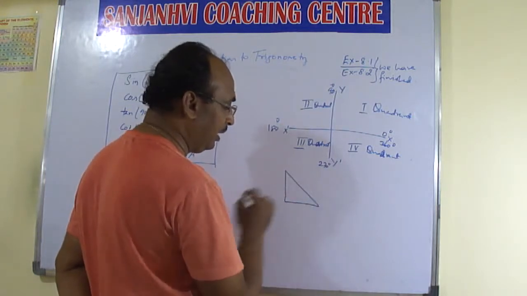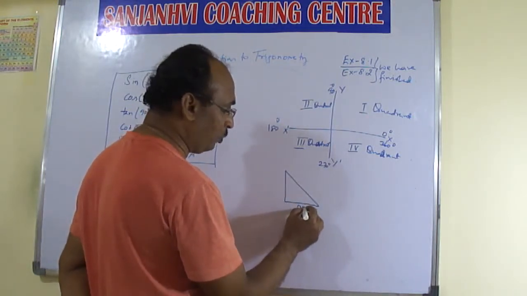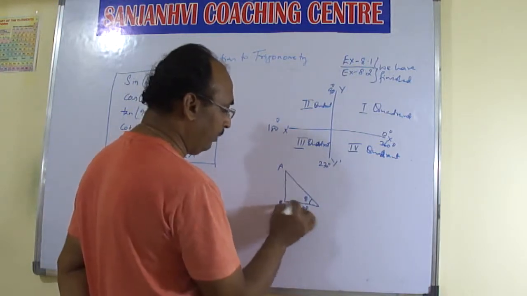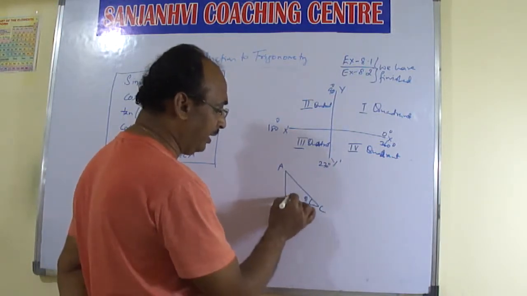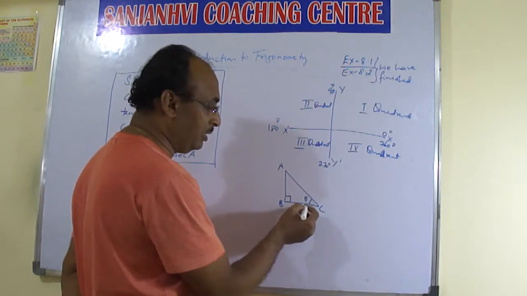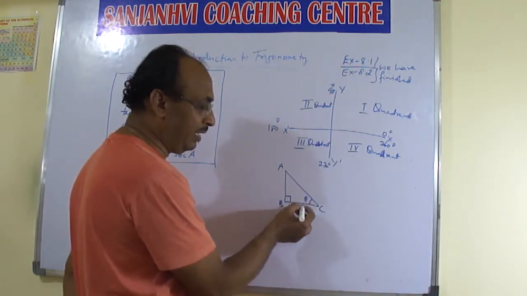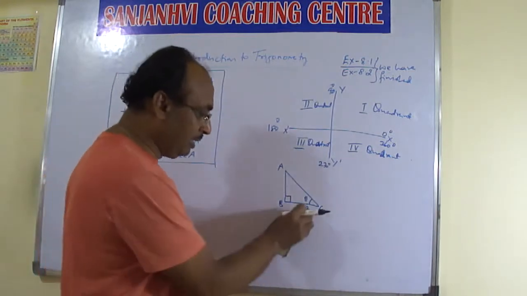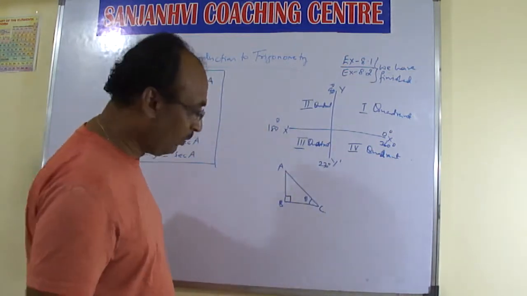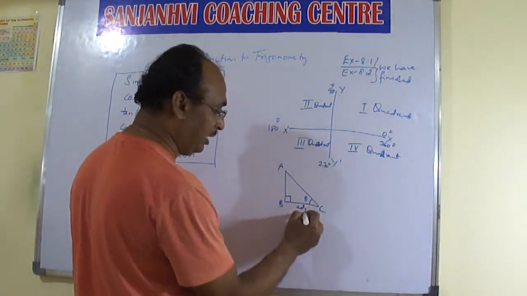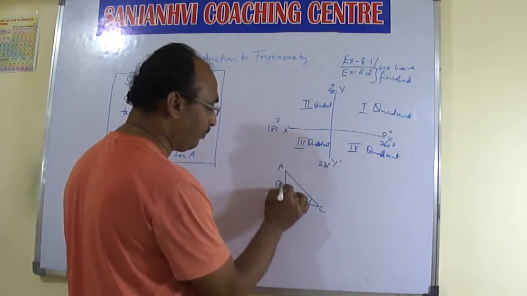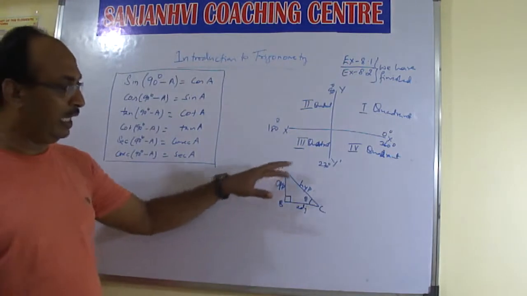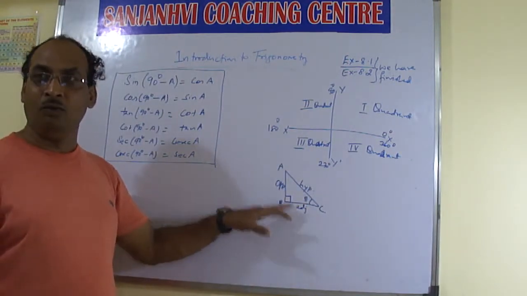ABC is a right angle triangle, right angle at B, and suppose this is the angle theta. Then the side just beside this angle theta is adjacent, and this is opposite. And this is the hypotenuse.